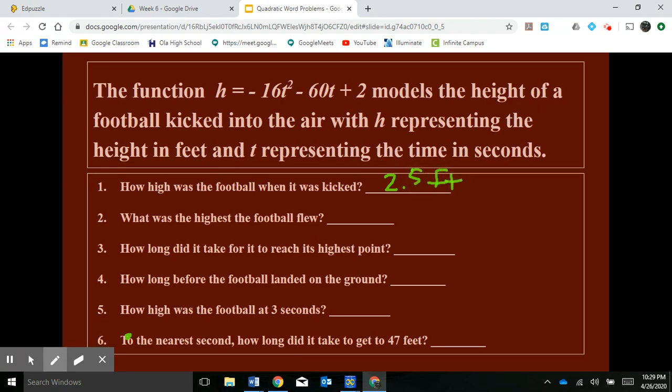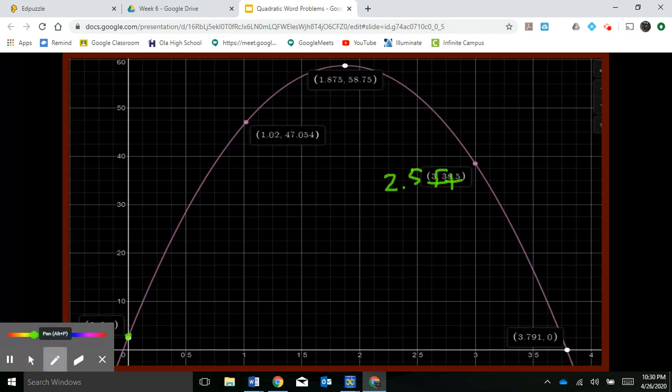The next question says, what was the highest the football flew? Again, it's asking about a height, so we go back to our graph, and we can see that the highest it flew was the vertex. It asks what was the highest, so that's the y value of the vertex, not a time yet.